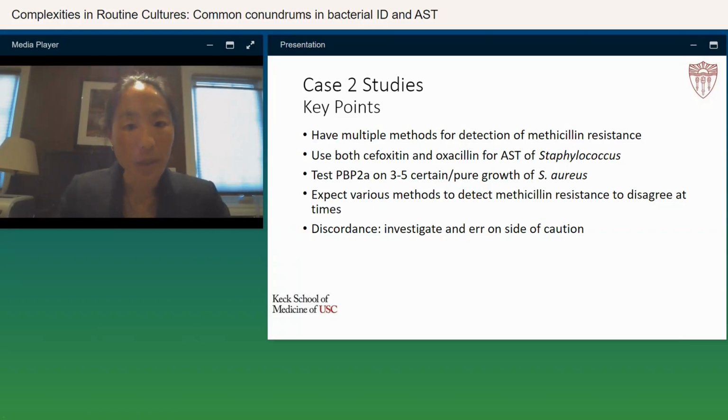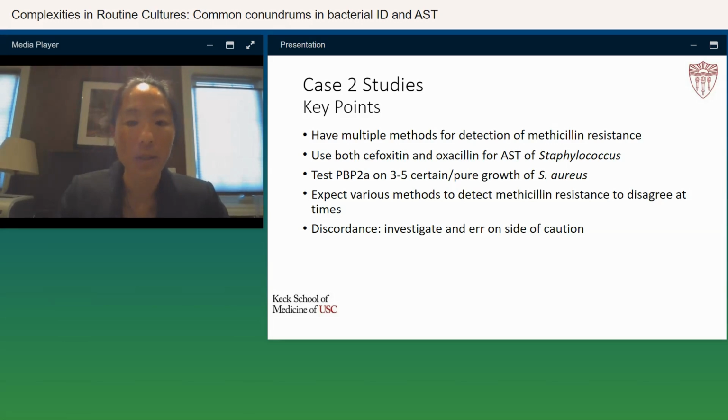I think most people would think it's important to have both cefoxitin and oxacillin for susceptibility testing of Staphylococcus, based on the mechanisms we've just discussed. And always remember to test the PBP2A on, I would say, 5 colonies if you can, pure growth of Staph aureus. As I showed you in the table, it's fair to expect some variation and discordance amongst the various methods for Staph aureus testing, and just be prepared on how to deal with that.